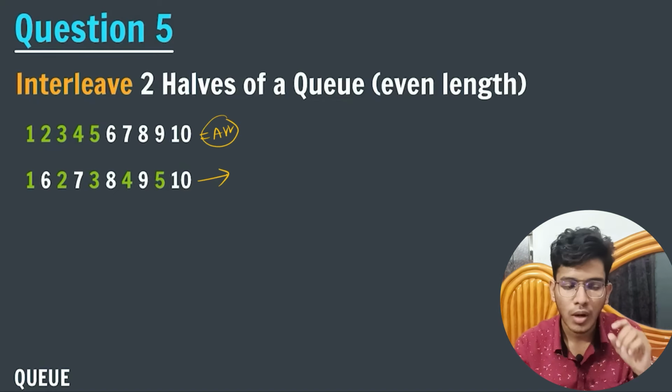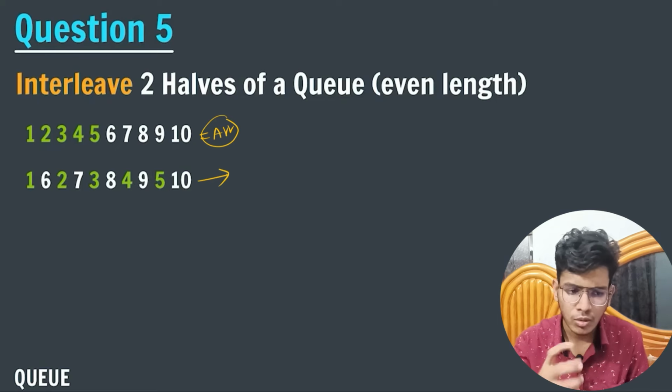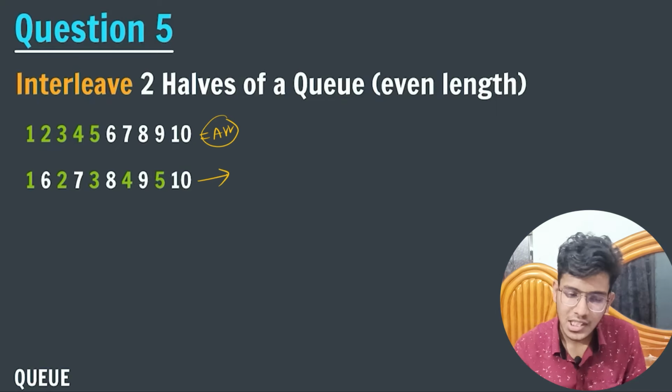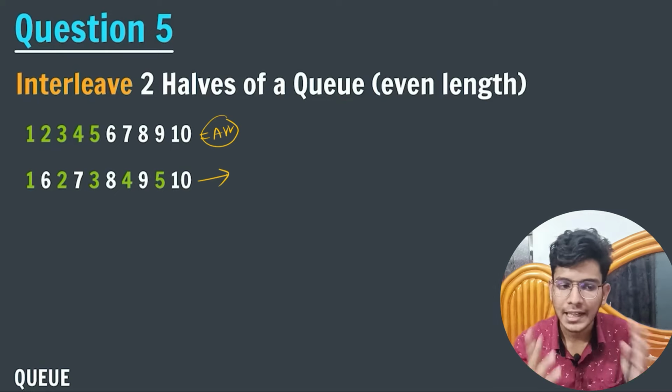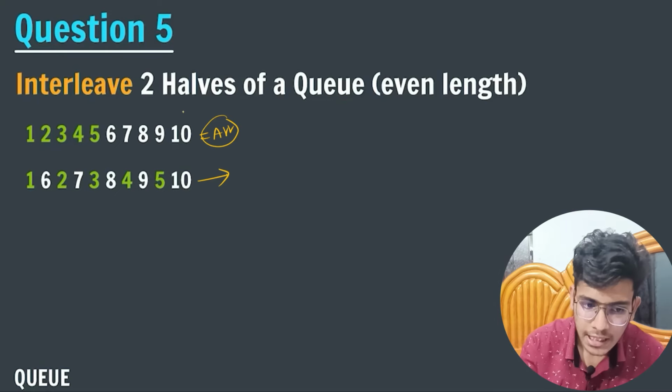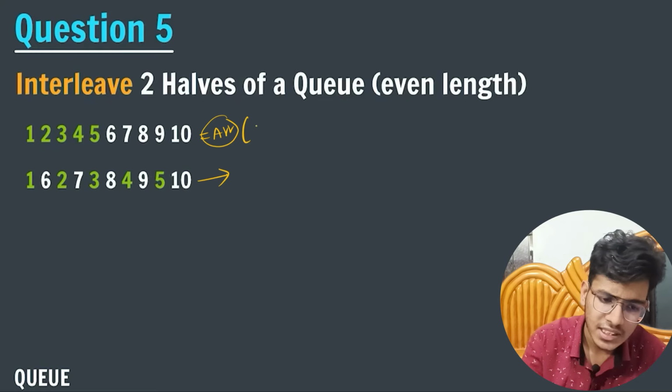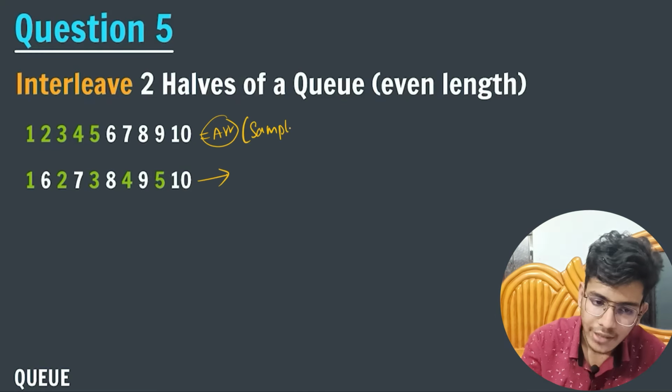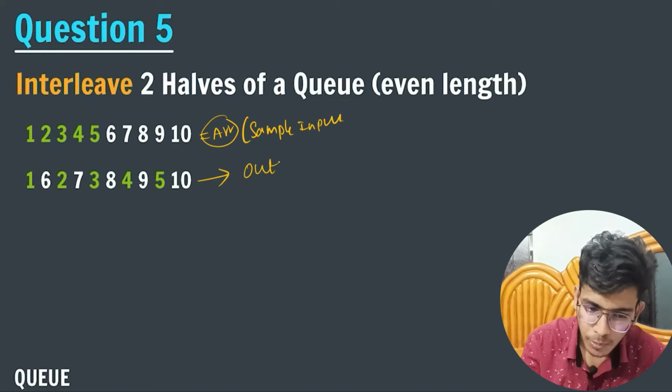Now we need to add these elements in our queue in such a way that we interleave elements, right? So what is the meaning of interleave elements is that, let us consider that this is my sample input. The given array is my sample input and this should be my output.